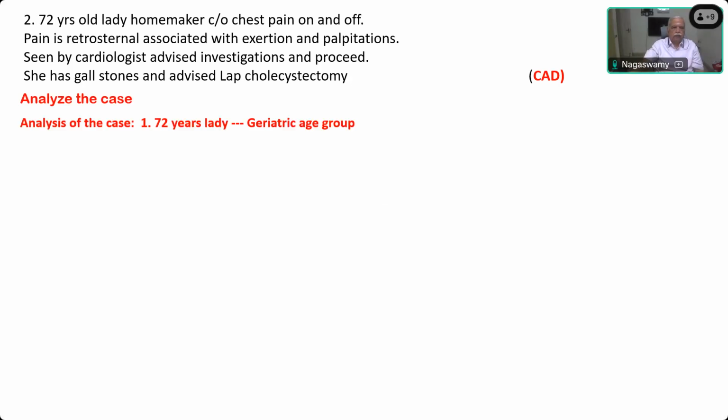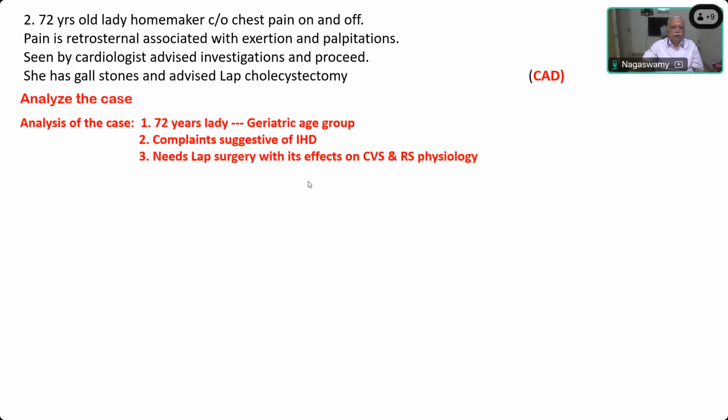Okay, very good. So the analysis starts with the 72-year-old lady. She belongs to the geriatric age group. Her complaint is suggestive of ischemic heart disease, retrosternal pain associated with exertion and palpitations, and needs lap surgery with its effect on CVS and RS physiology. Okay, so these are the three important points that you get from this particular case history.